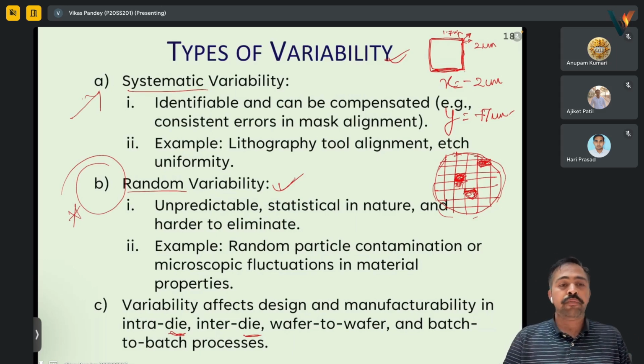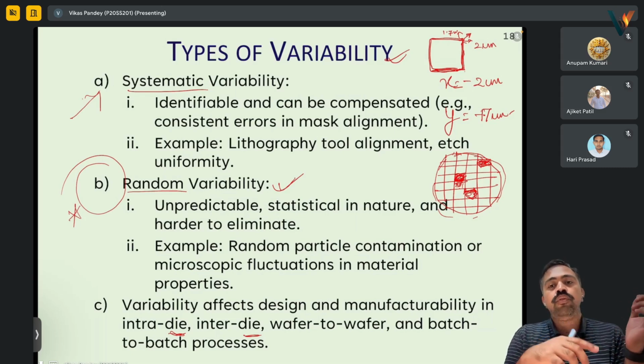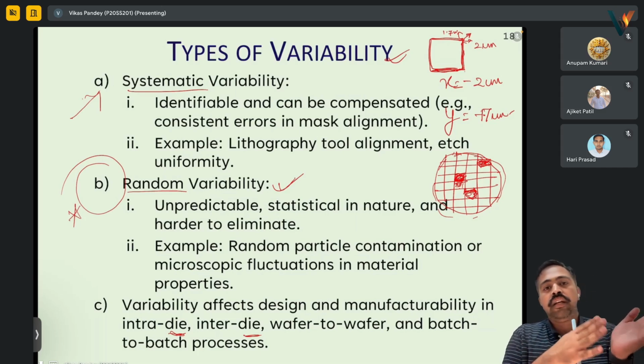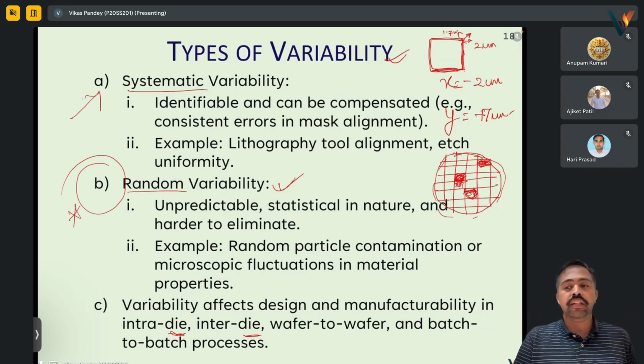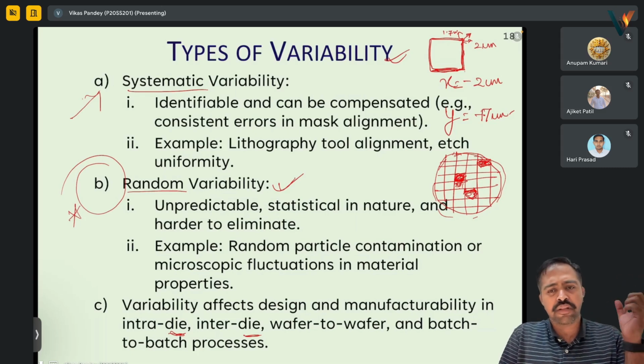So in between some problem happened and some part of the machine was repaired. Then after a gap of 20 days, I deposited the same material, and I thought, I have already optimized it multiple times and I will get the same result. But I was not getting that.